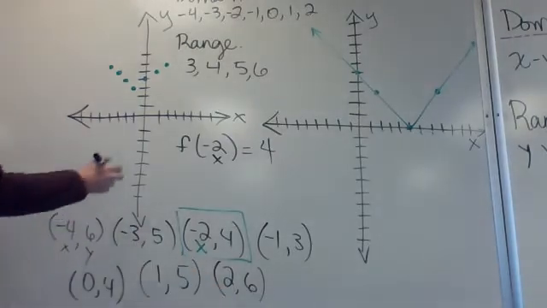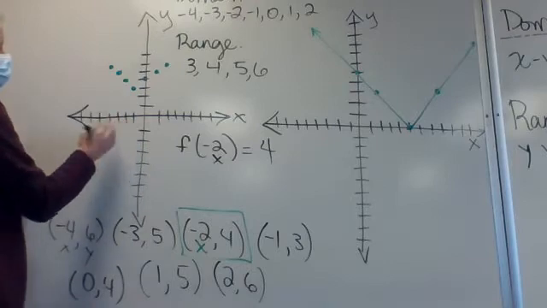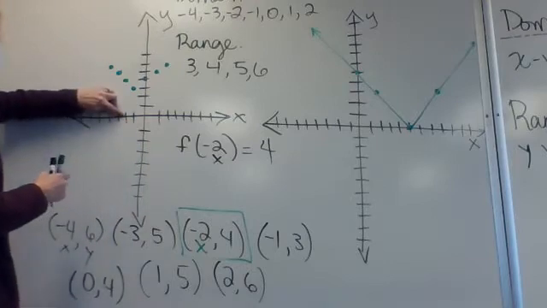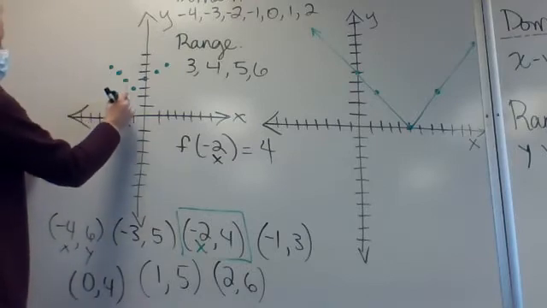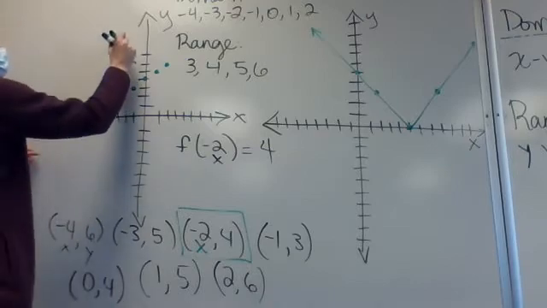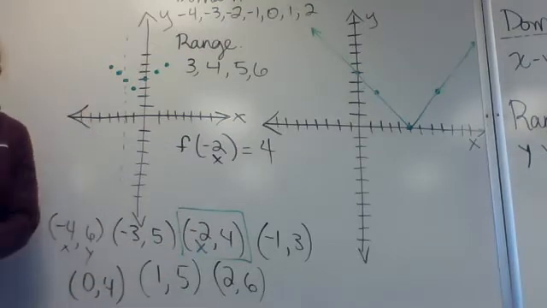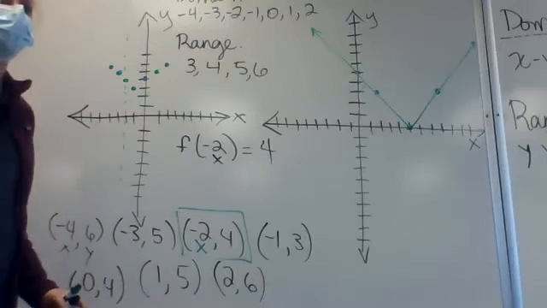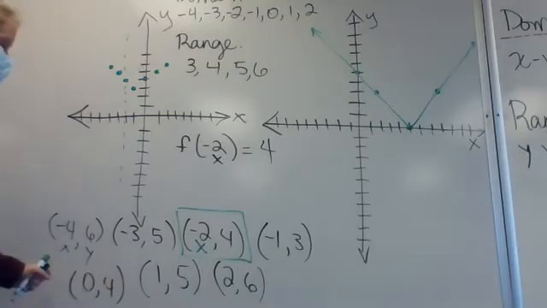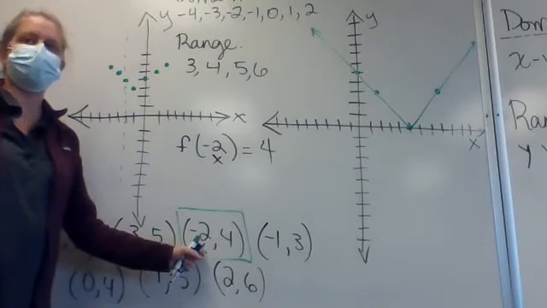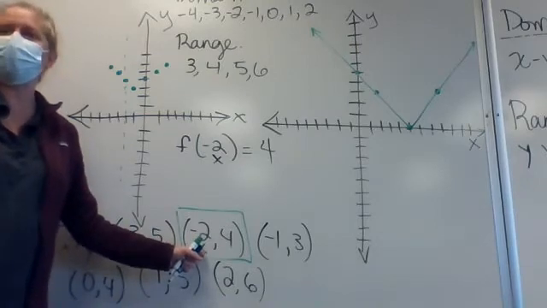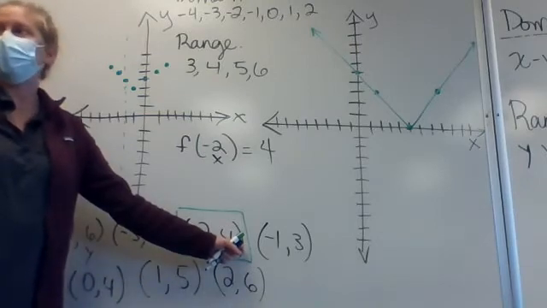If I'm looking at the picture, when x is -2, it wants to know what are the y's that are lined up with it. What's that y? 4. So you can either look at it in the picture, or if you've already listed all the points, which I personally think is easier, especially when it's a freehanded drawing, just go through the points and find where your x is -2 and the y is that answer.